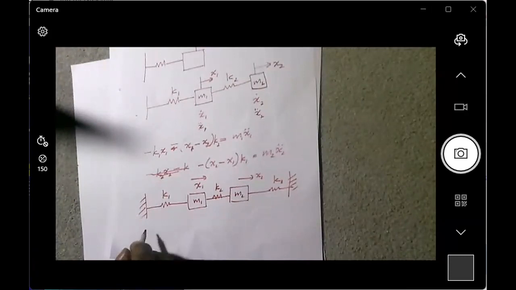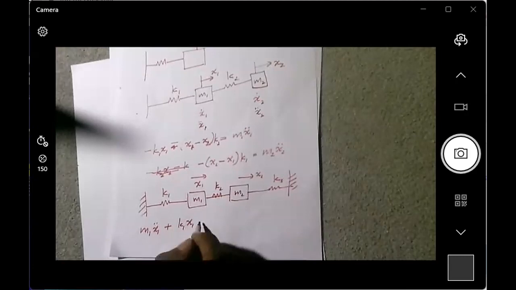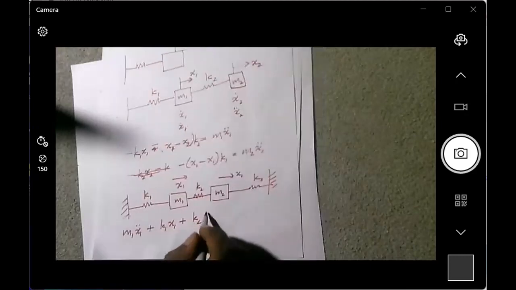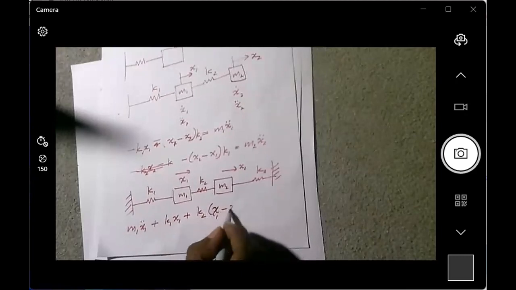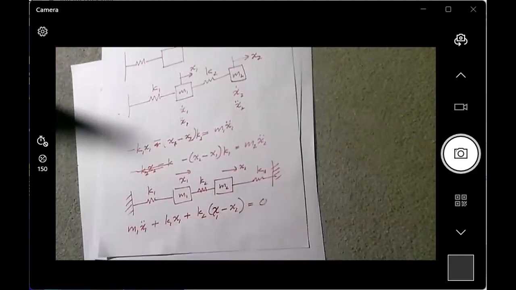You have m1 x1 double dot, which is the inertia force, plus k1 spring into distance x1, plus the extension of k2 is x1 minus x2, equals 0.